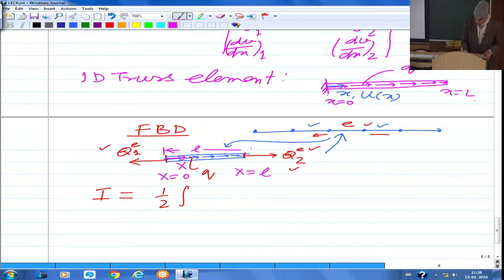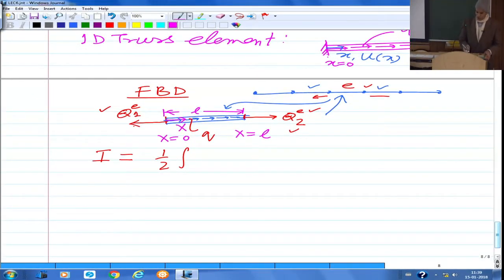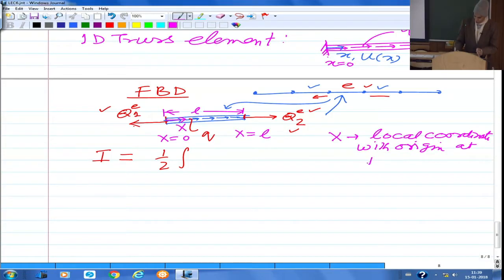You can actually put the superscript E for this particular element, but just to avoid putting the superscript every time, I am just taking it as l. So this capital X is a local coordinate with origin at the left end of the element.